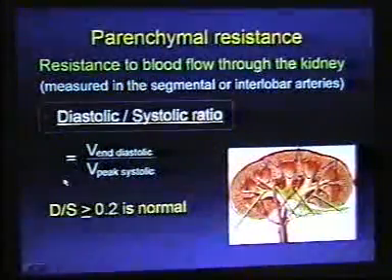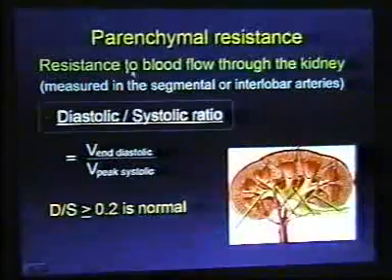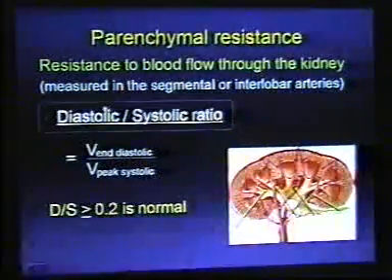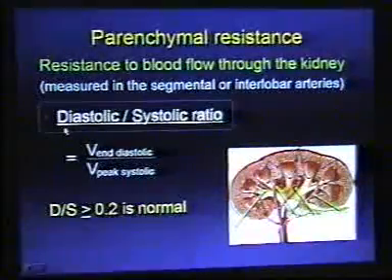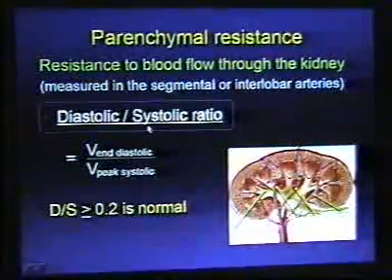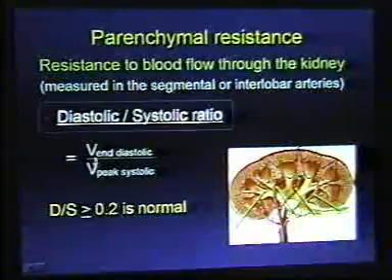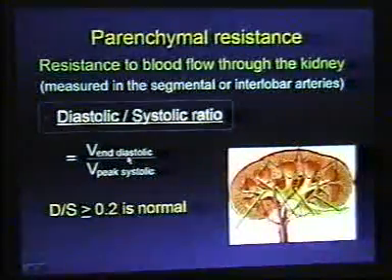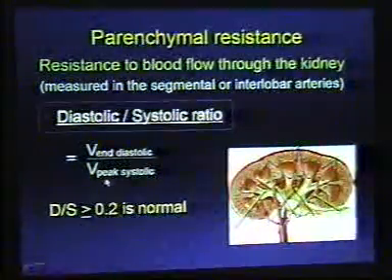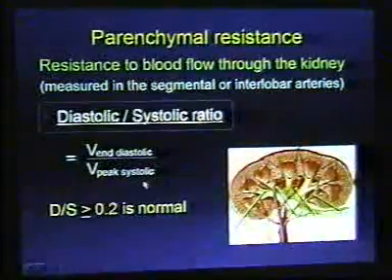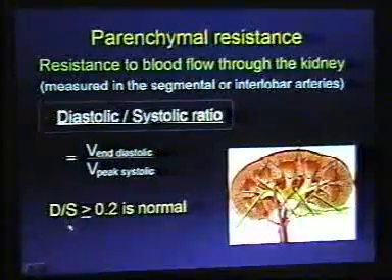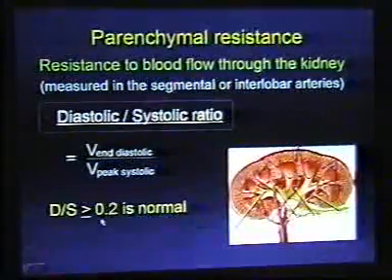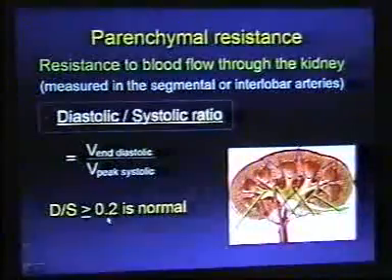Then coming to the resistance to blood flow through the kidney, which is measured in the segmental or interlobar arteries, diastolic versus systolic ratio is equal to end diastolic velocity divided by peak systolic velocity, and this diastolic versus systolic ratio is more than or equal to 0.2, which is normal.